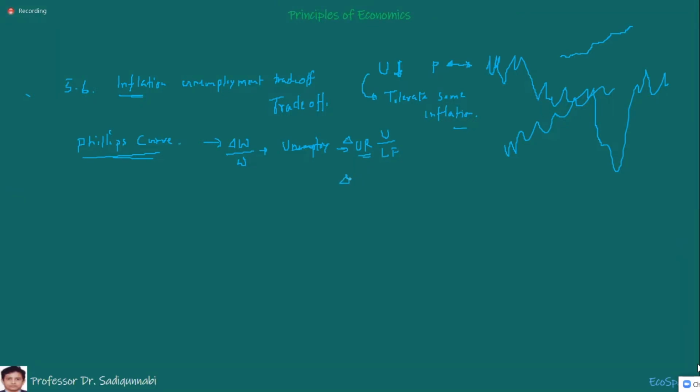So two types of data he collected for England, 1 and 2. And he saw that there is a relationship between these two data like this.